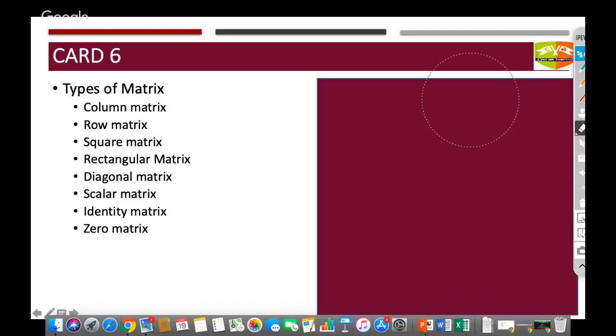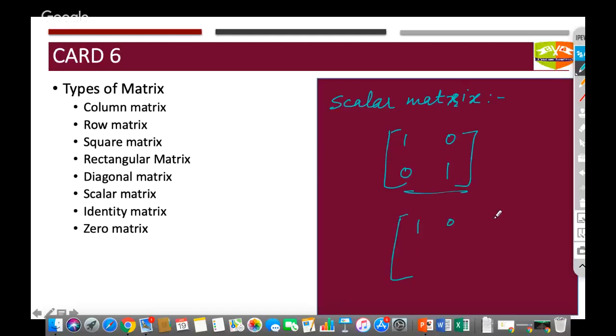So what I'm trying to say is that a scalar matrix where diagonal terms are 1. Let's take a 2 by 2 matrix and look here, the diagonal term is 1. This is known as the identity matrix.